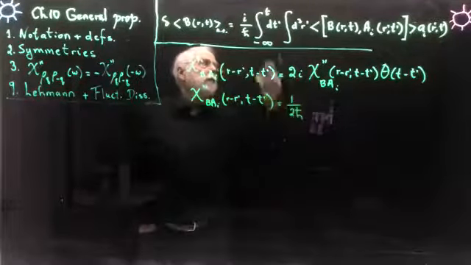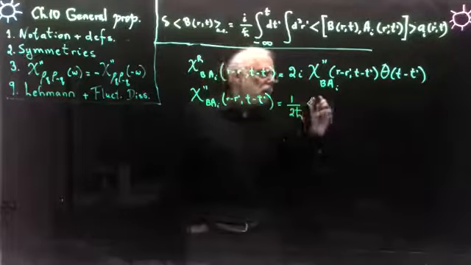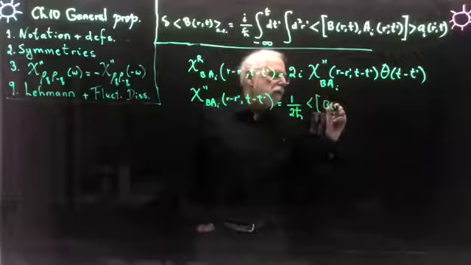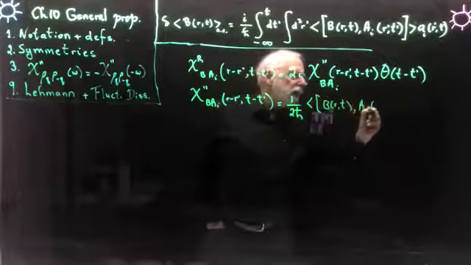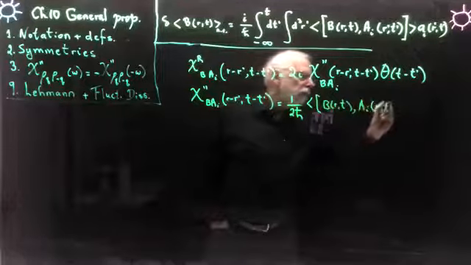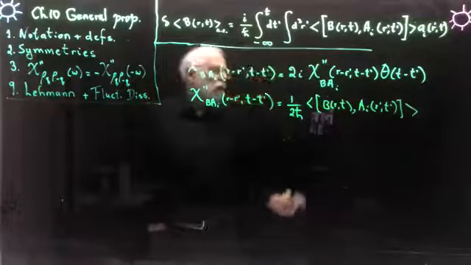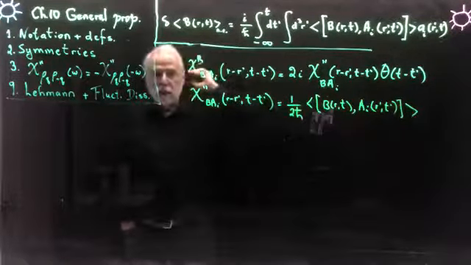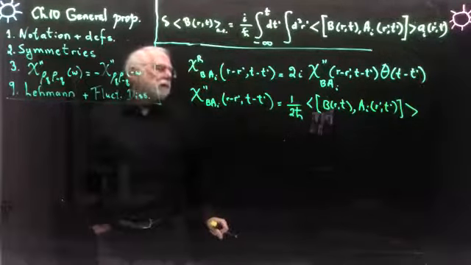The i over h bar is here, times the commutator of B of R T with A_i of R prime T prime. And these are always a thermal average, taken as usual as a trace on a complete set of states.